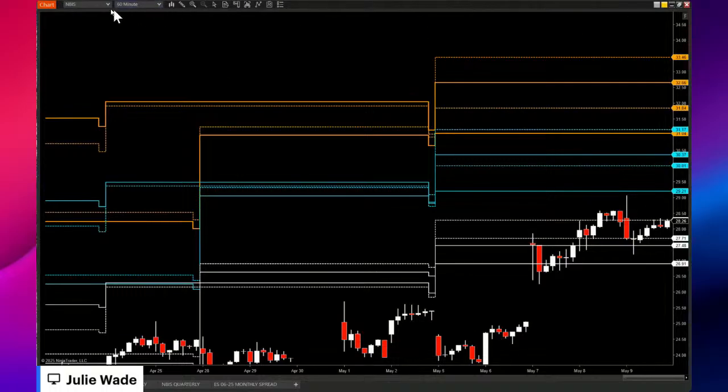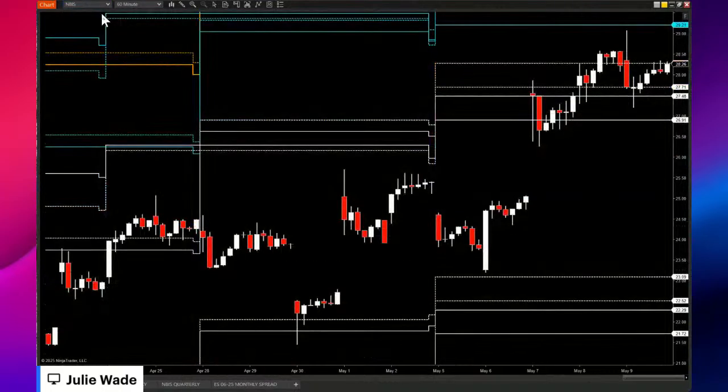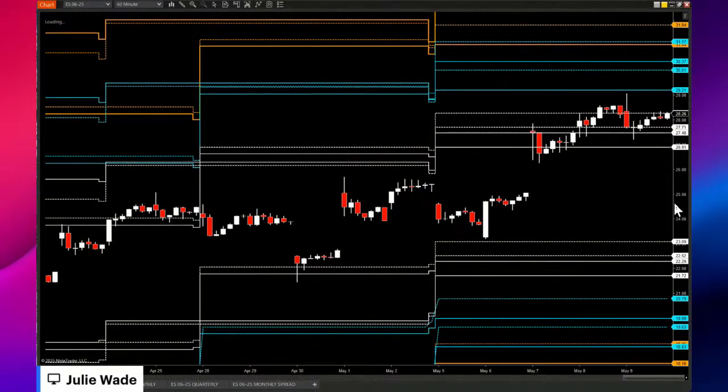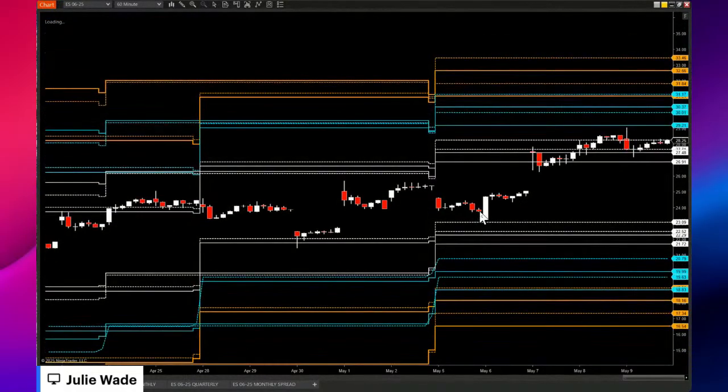let me change this to the ES. Here we go. Give this a second to generate.